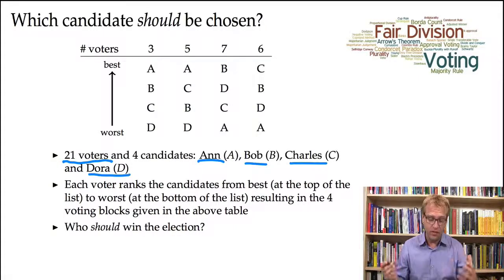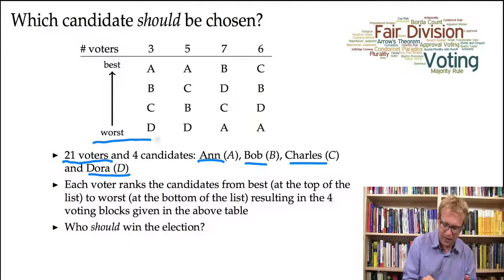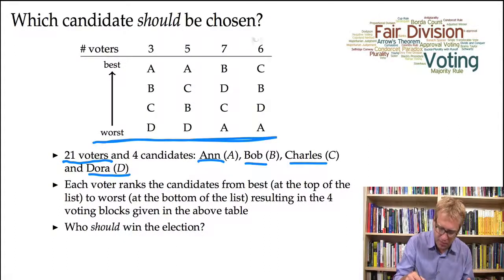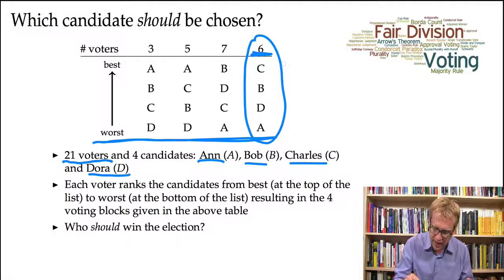Now let's imagine that we've gathered all of this data and it's displayed here in the table. For example, in this column we see that there are 6 voters that have this particular ranking. What the ranking means is that candidate C is ranked first, candidate B is ranked second, D is ranked third, and A is ranked last.